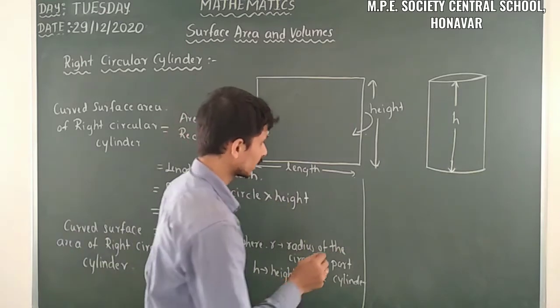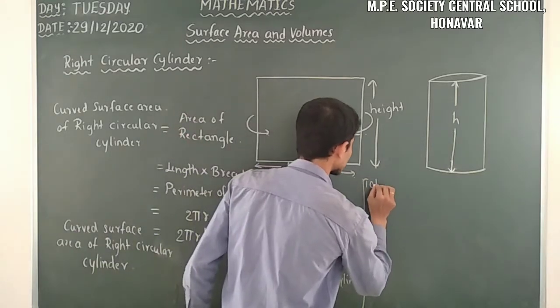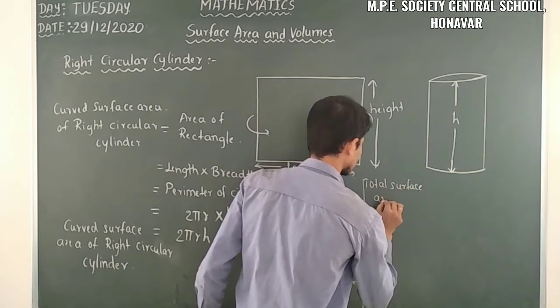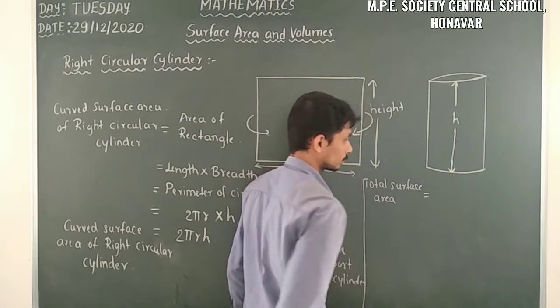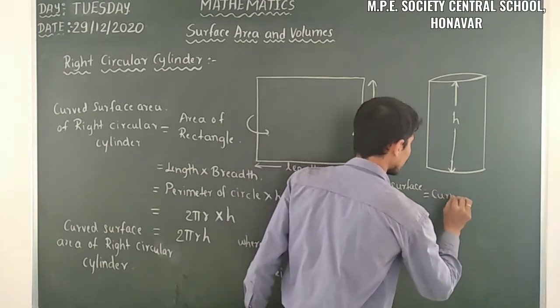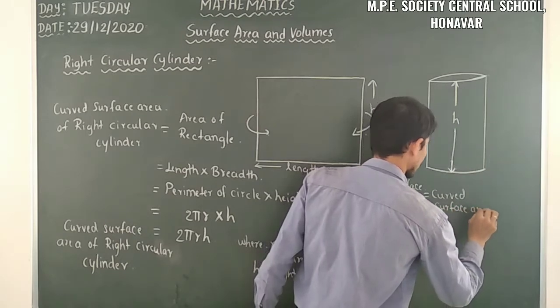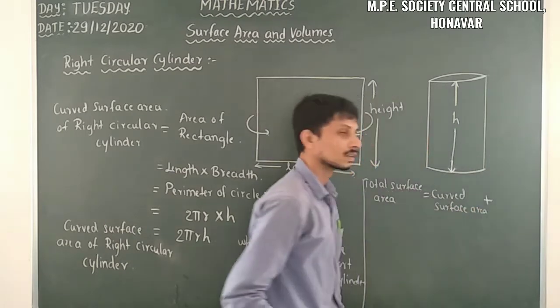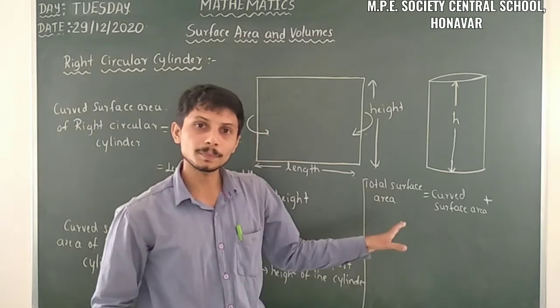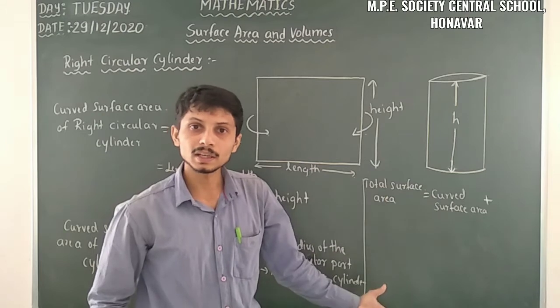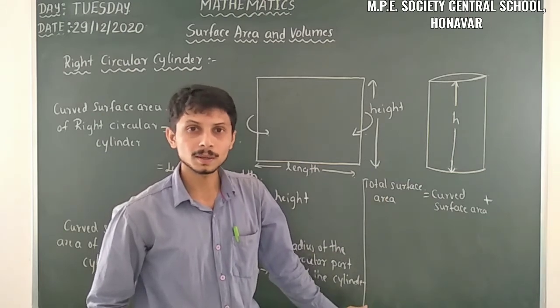Total surface area is equal to curved surface area plus area of the top circular part plus area of the bottom circular part.